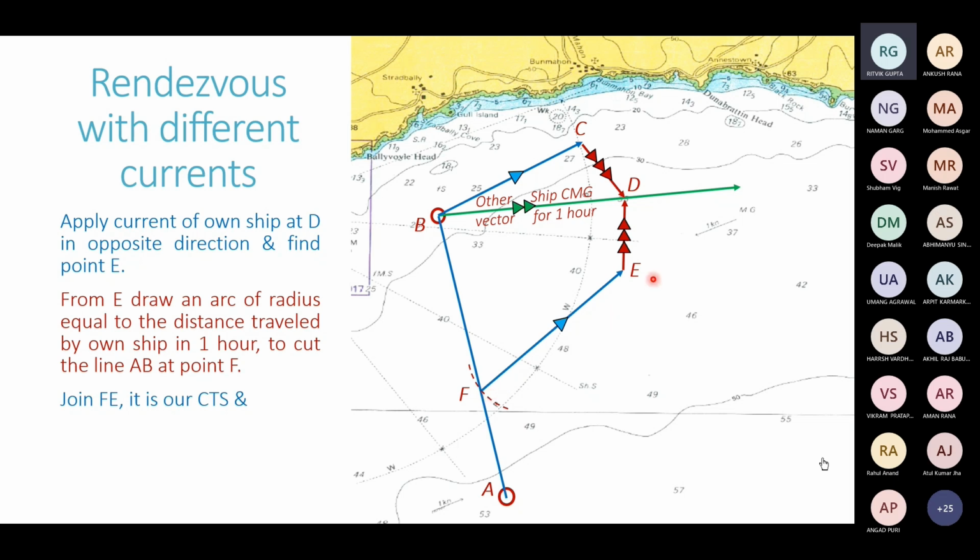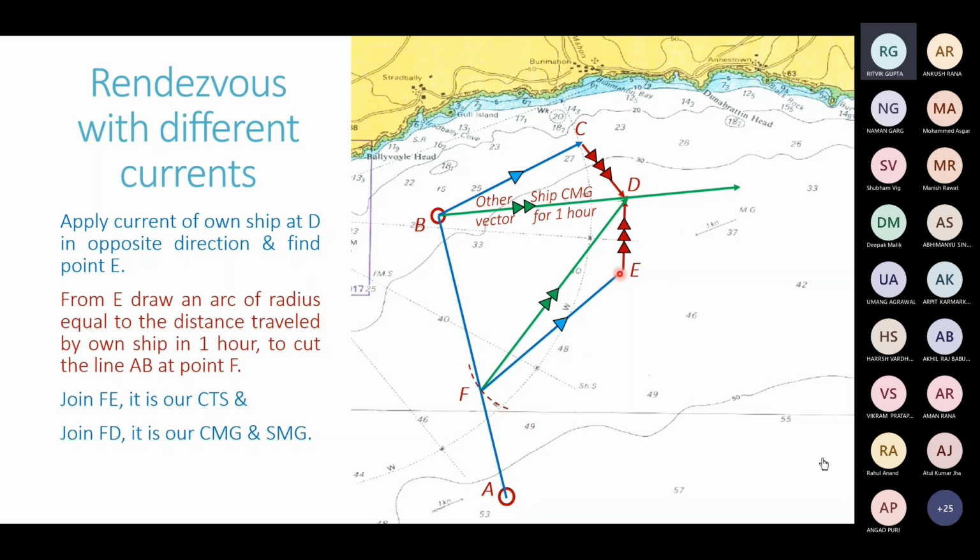So this Foxtrot Echo is our course steered vector. Now, let's join Foxtrot with Delta, FD. This vector FD, which we are seeing here, is basically our course made good vector.